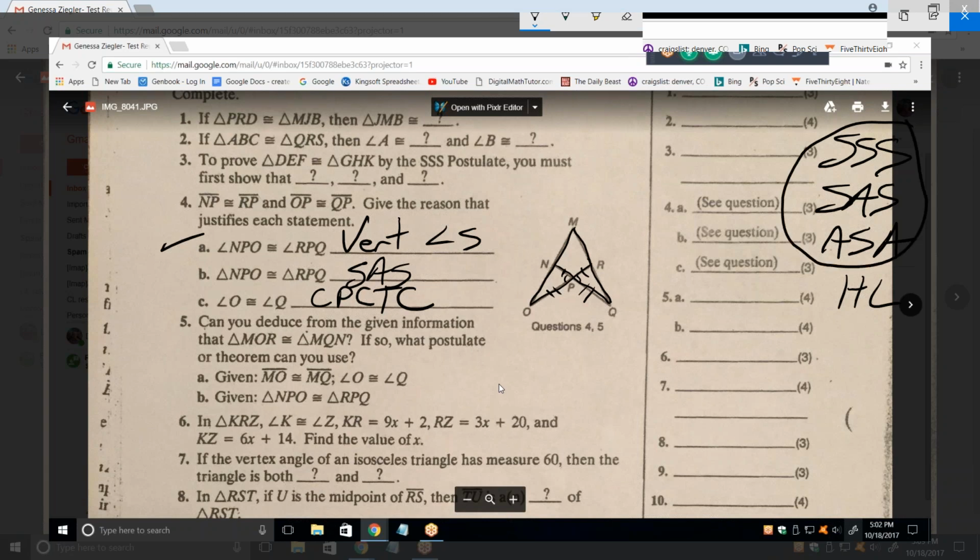So here's what I'm going to do, and I always kind of recommend you do this. Separate everything out. There is MOR, and if I draw this one out, there is MNQ.